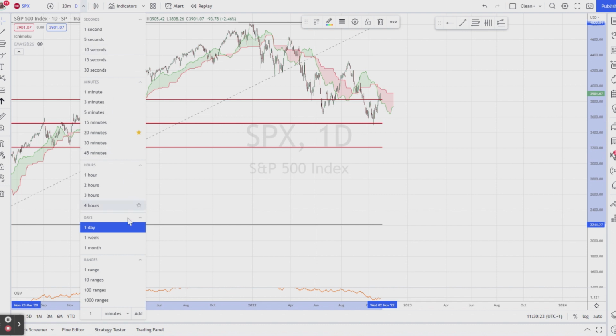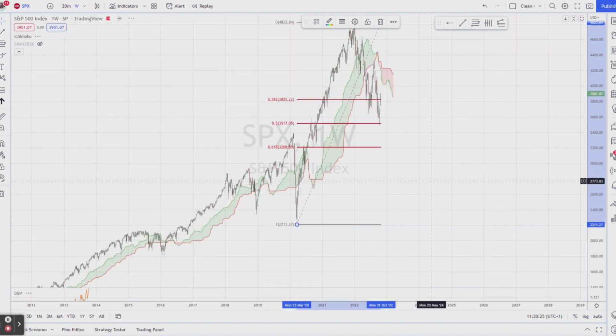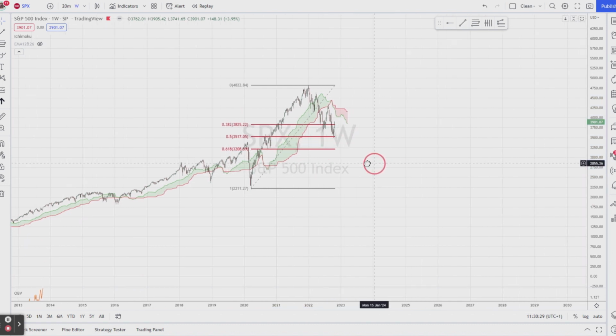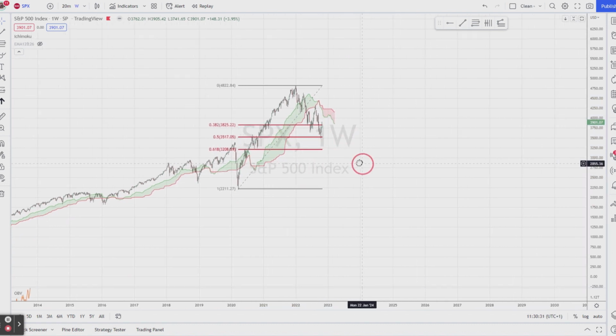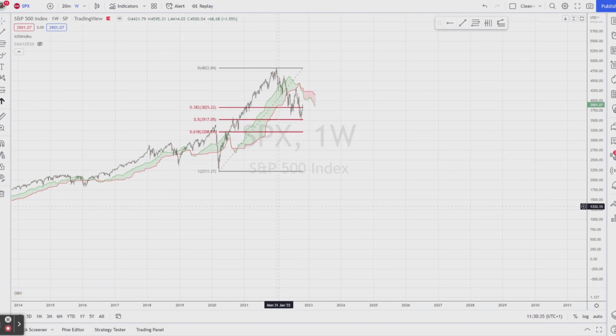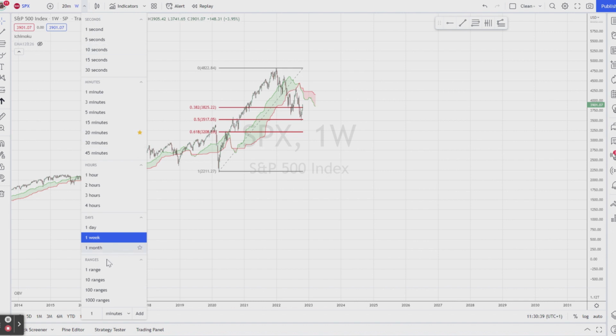Let's zoom out to see what is happening. There we go. Let's also just have a look at the monthly.